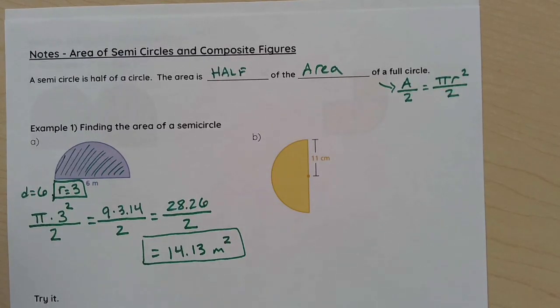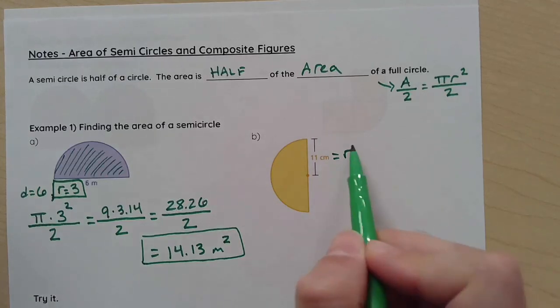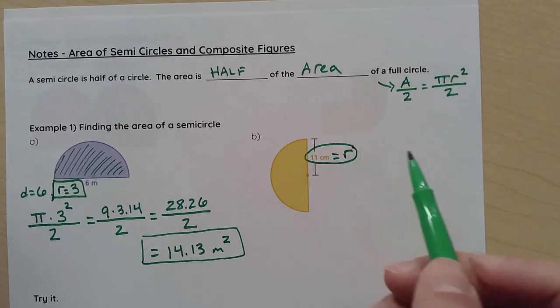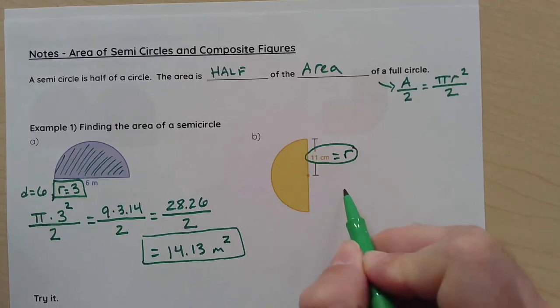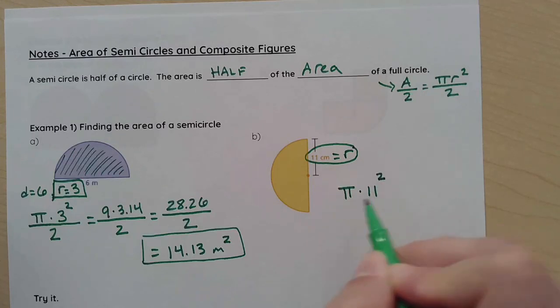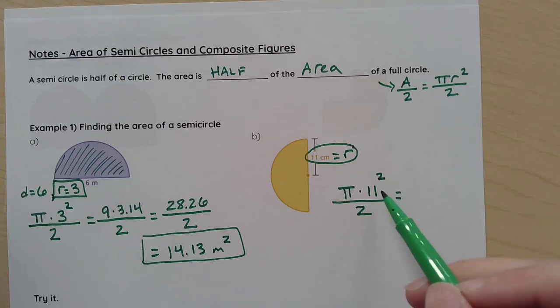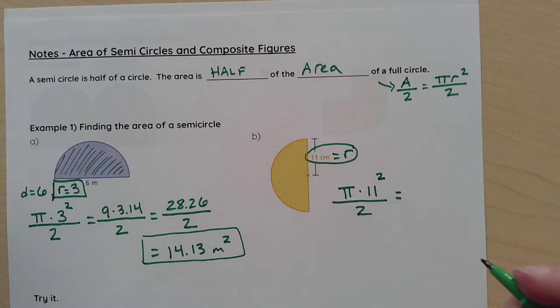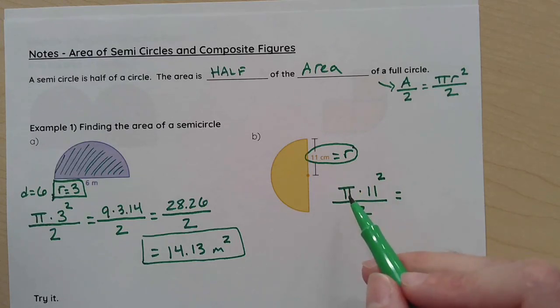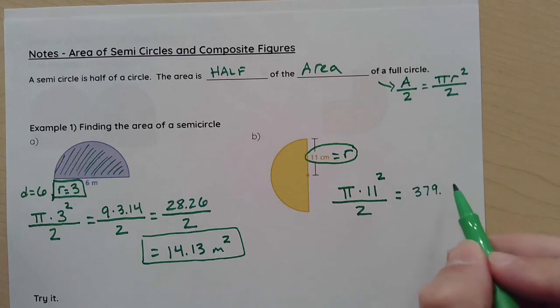B, here I have a semicircle that gives me the radius, so I don't need to do any additional work. Area formula, pi times radius squared. In this case, 11. And I'm going to cut that in half. 11 squared is 121, and 121 times pi is 379.94.